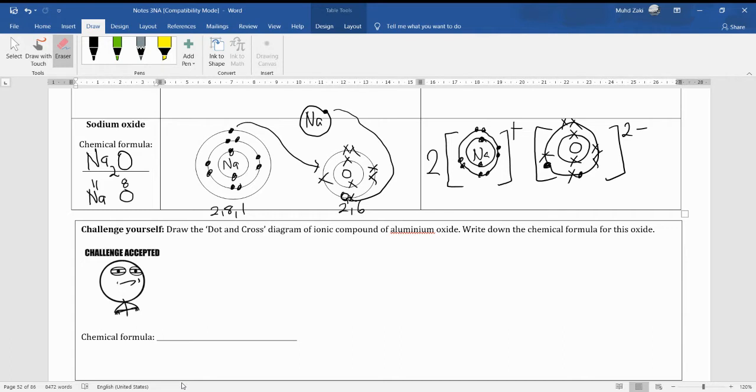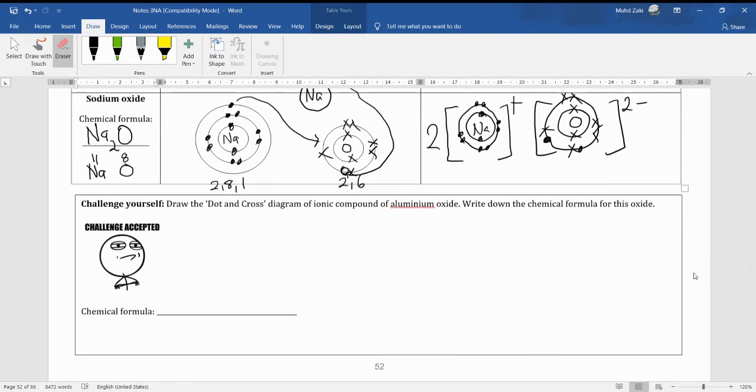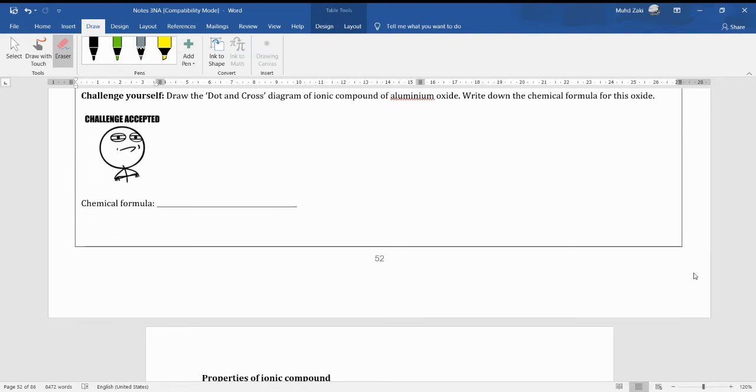Now, aluminium oxide. This is the most challenging of all. Let me pause the video first if you want to copy. Aluminium is 13, oxygen is 8. How to solve this problem?